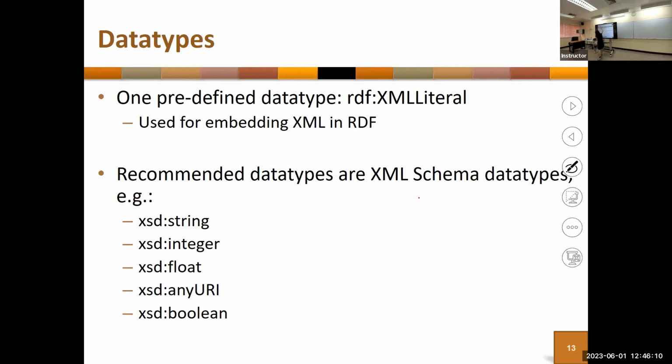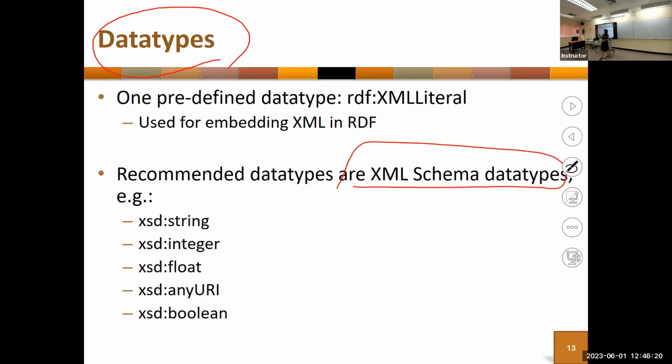Okay, in terms of data types available for the literals, the recommended data types that you can use would follow XML schema data types. So you may need to refer more to some of the XML knowledge. That is, you can use XML schema data type, XSD, as a prefix for string, integer, float, and many more, date, time, Boolean.